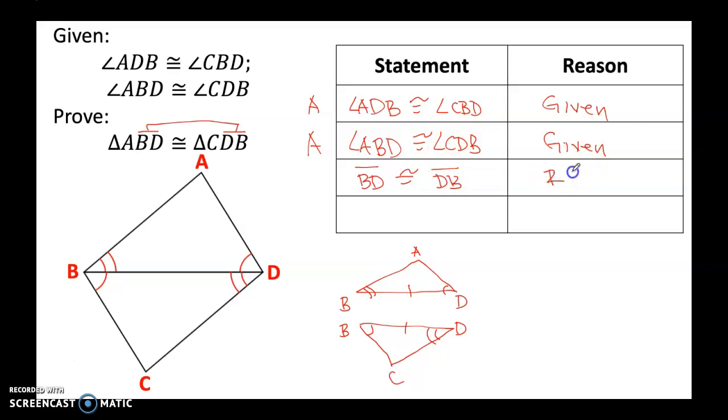We have the reflexive property of congruence. So segment BD is the included side. We have two given angles. So we can say that triangle ABD is congruent to triangle CDB by the ASA postulate.